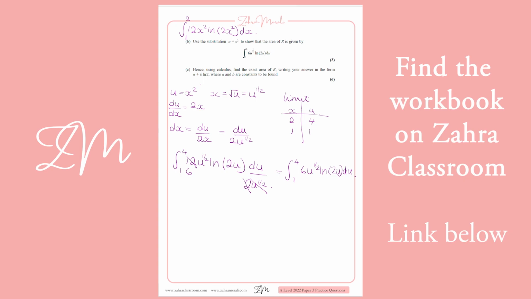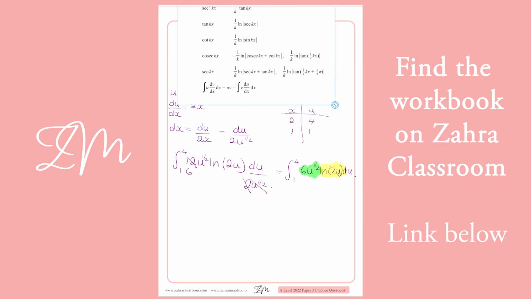And now we want to integrate that. Now this time we can use by parts, and we know it's going to work out nicely and it's not that weird formula because we have an ln. So remember, ln always takes priority. So that is going to be your u and that is going to be your v dash. So let's get our by parts formula up again.